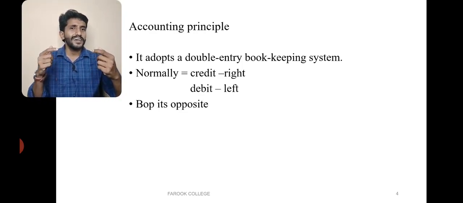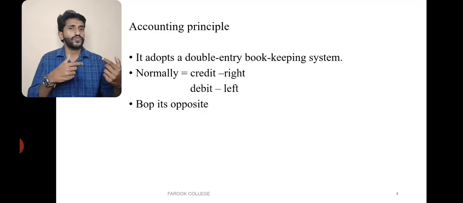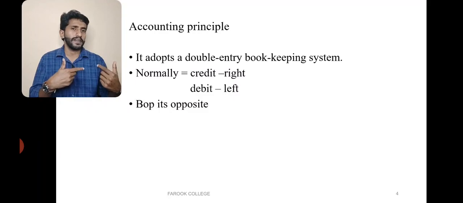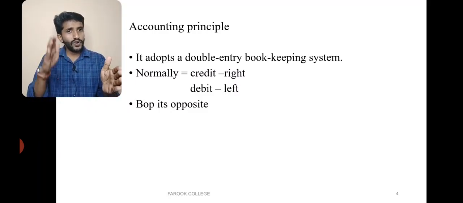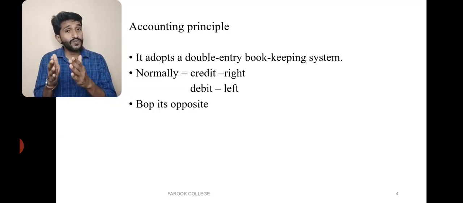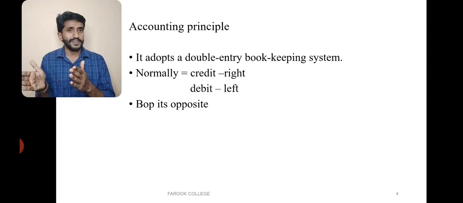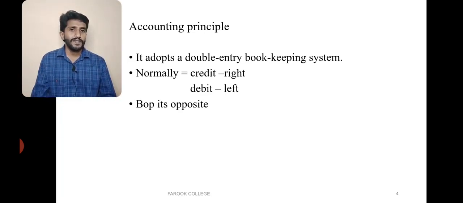So this is the difference between normal accounting and the accounting of balance of payment. In normal accounting, credit is on the right and debit on the left. But in balance of payment, credit is on the left and debit on the right. So you should understand these two things.